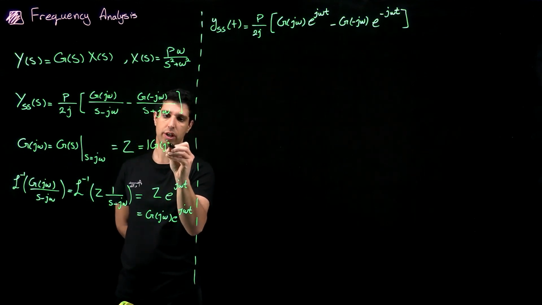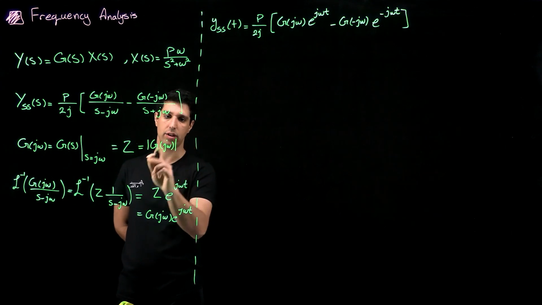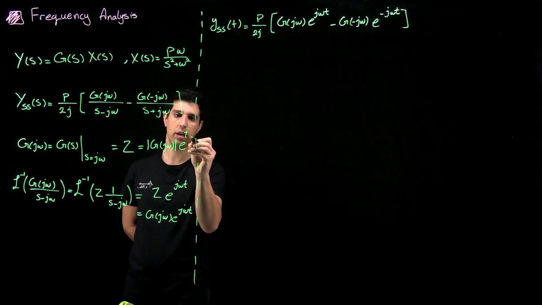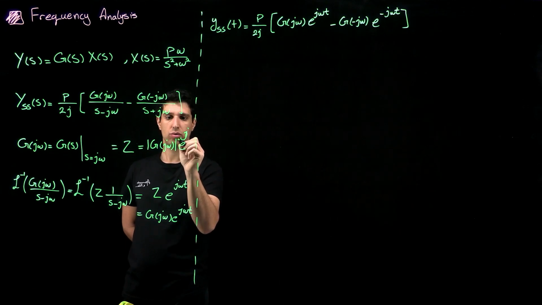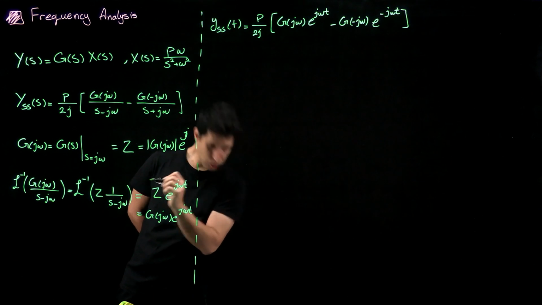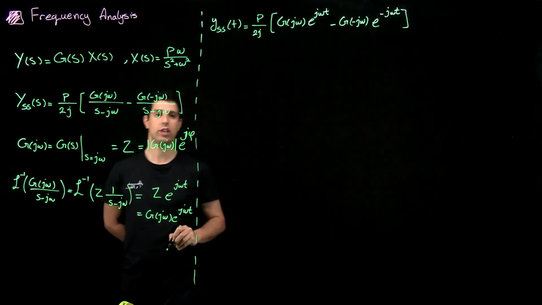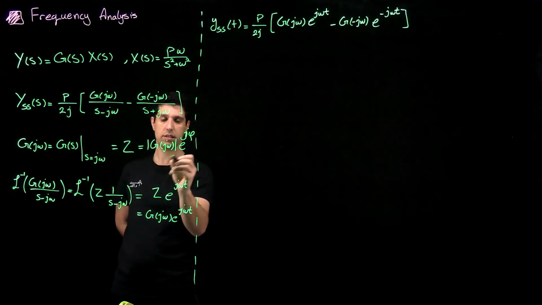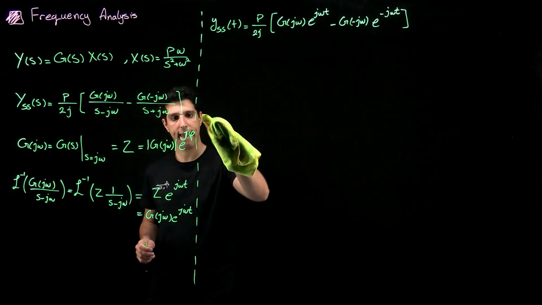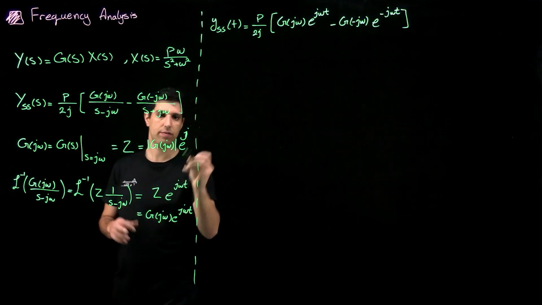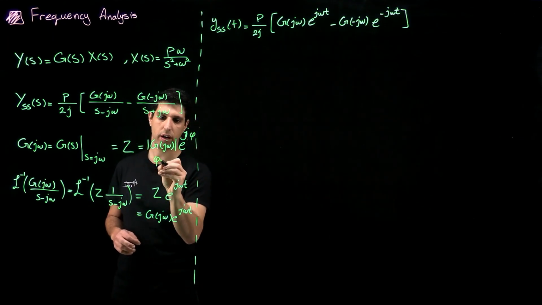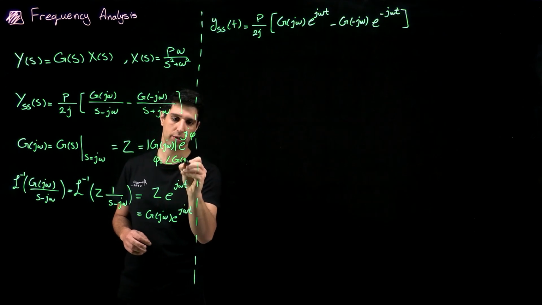It's the norm of g of j omega, e to the j phi, where this phi is the angle of g of j omega.